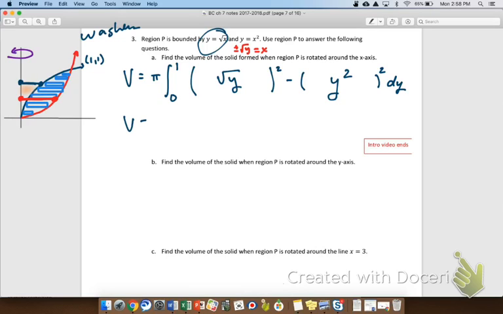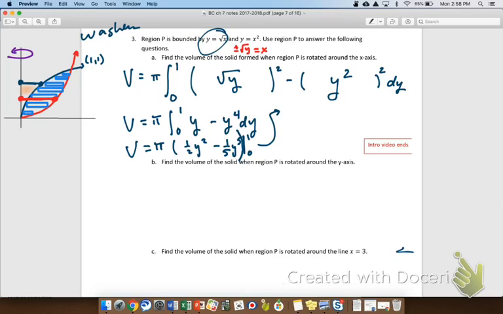Okay, so then volume equals pi, integral from 0 to 1. Now it's really y minus y to the 4th dy. Volume equals pi times 1/2 y squared minus 1/5 y to the 5th, evaluated from 0 to 1. There we go. And of course, that 0 is going to just yield a 0.